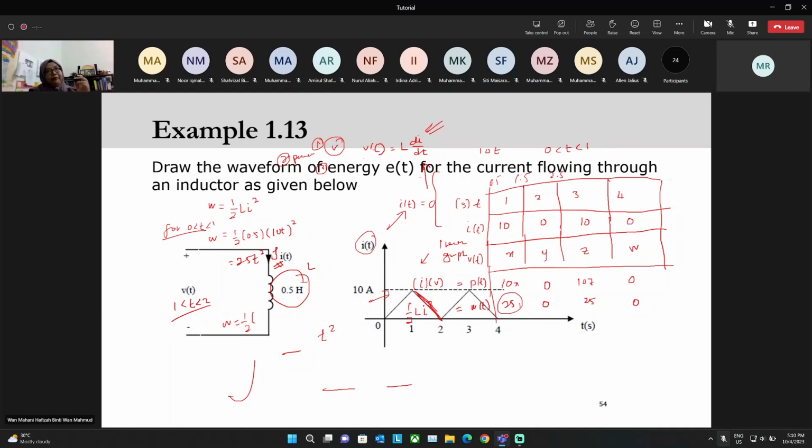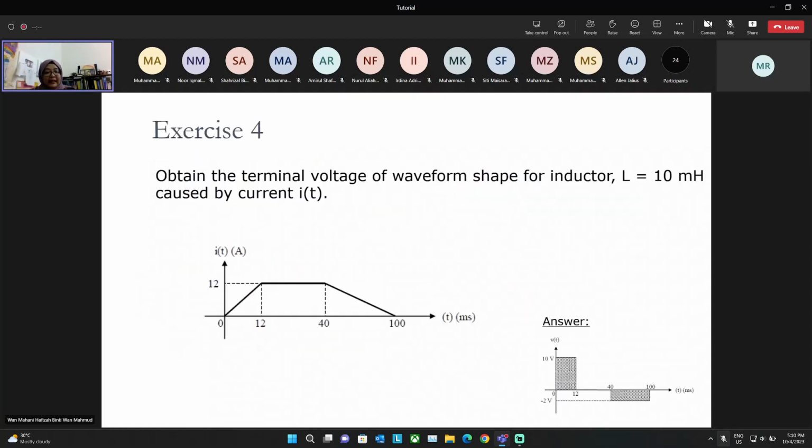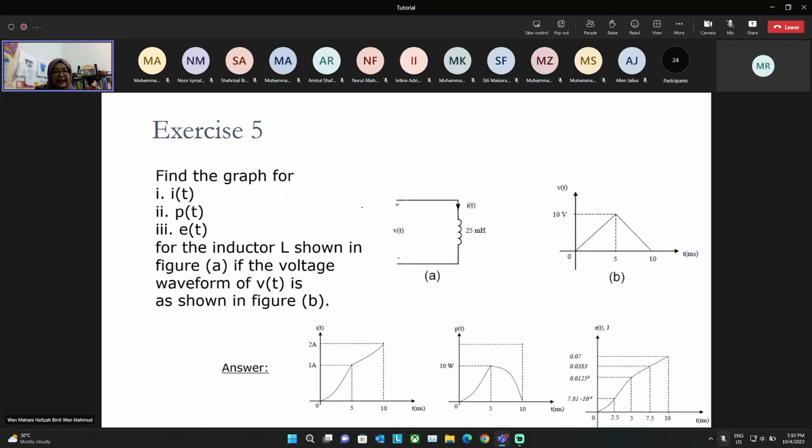So dia perlukan kemahiran matematik tu lebih sikit lah. Okay, rather than kalau macam ni, you can just plot je. Memudahkan you sebenarnya. Ini saya bagi tahu so that it is easier for you to answer this exercise.